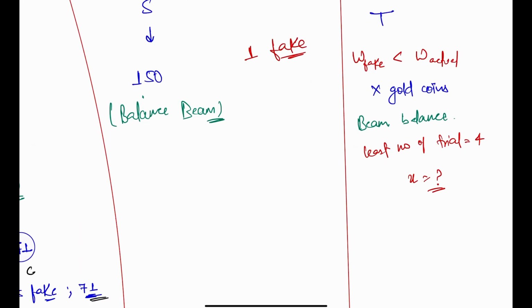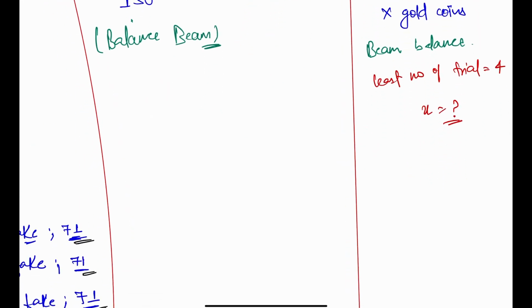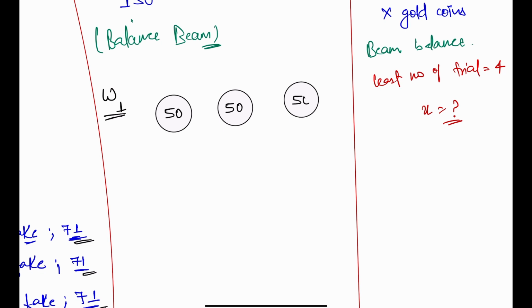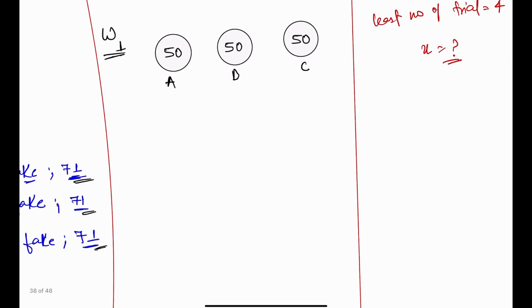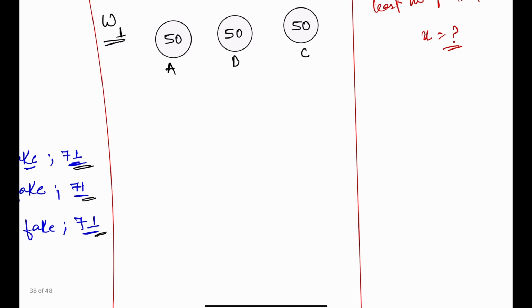So again in weighing one we will divide into 3 groups. That will be 50, 50, 50, and we will call them A, B and C. So what is going to happen in this case?